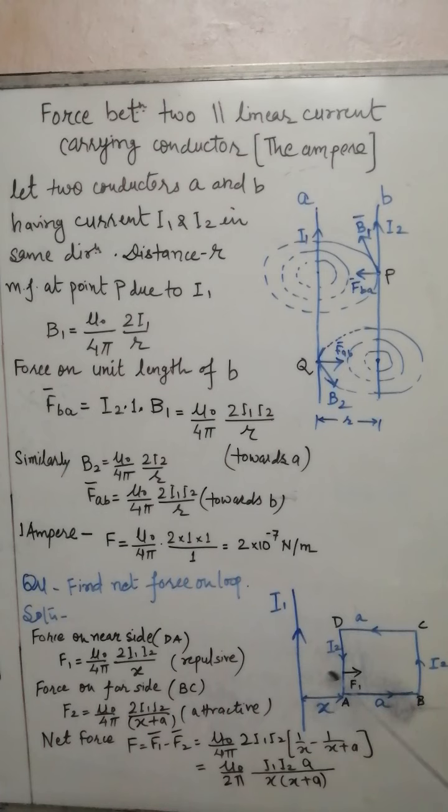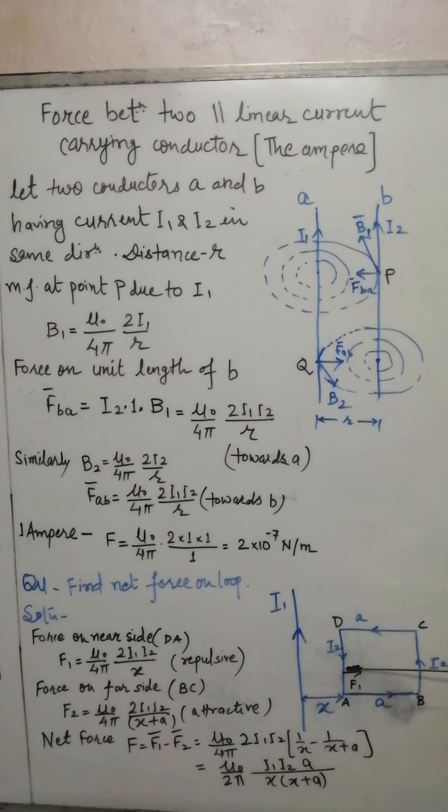So the force experienced by this side will be repulsive. Or you can get it just from the two wires: if the current flows in the same direction, the force between them is attractive, and if the current is in the opposite direction, it becomes repulsive.